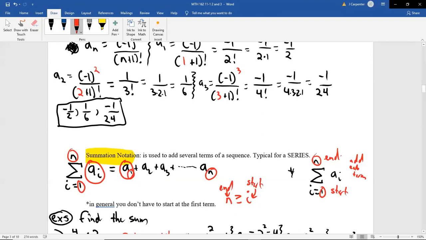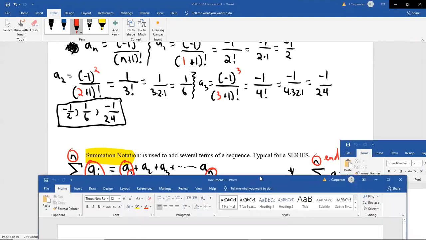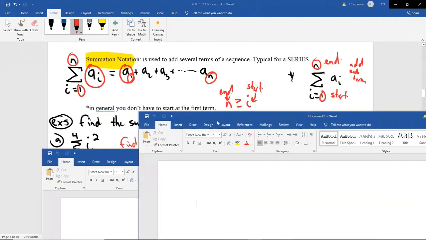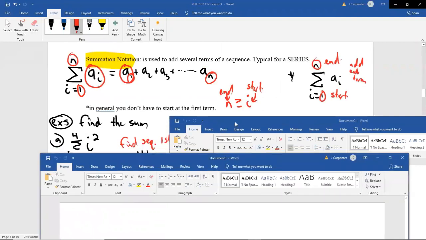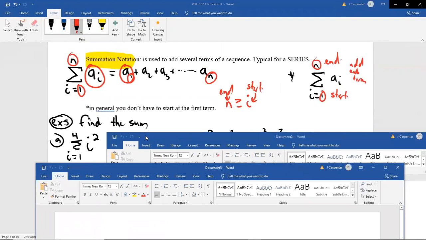All right, so let's pull up our blinders. Find the sum. So this says the sum.